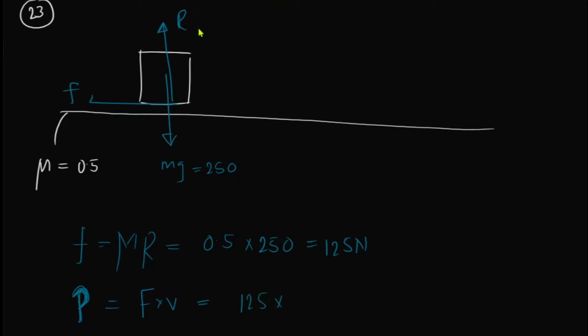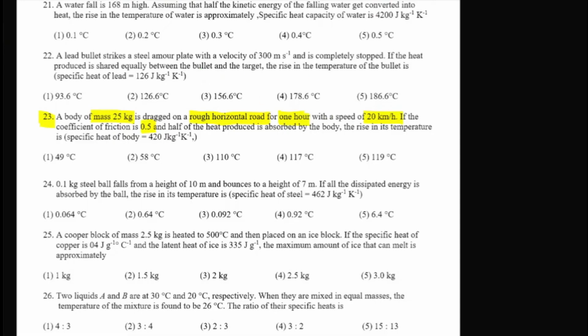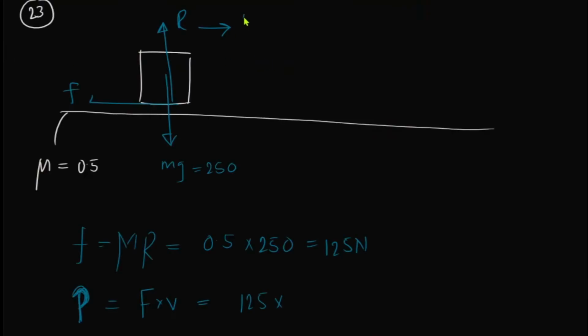V is the speed, 20 kilometers per hour, which means 2000 meters per hour.